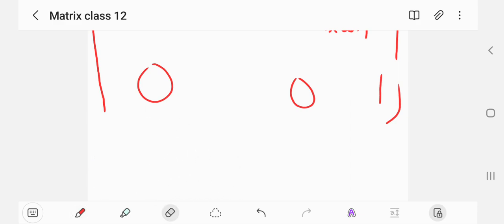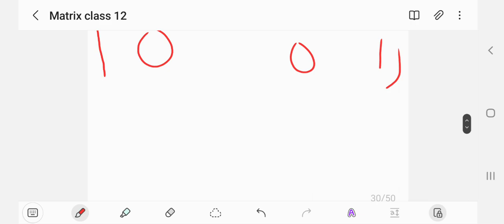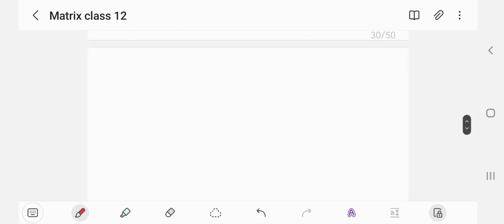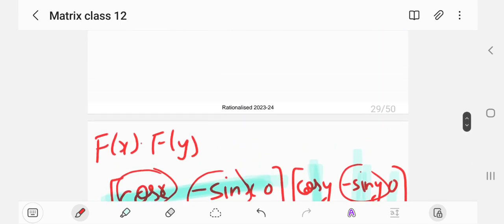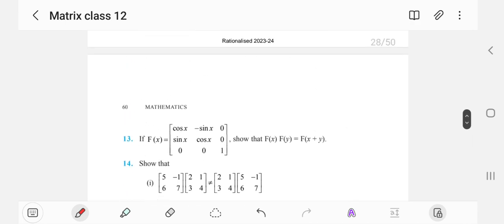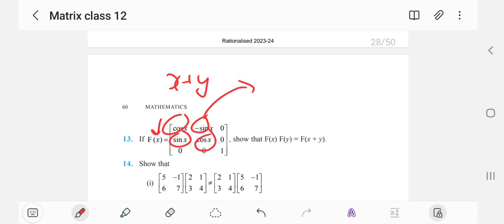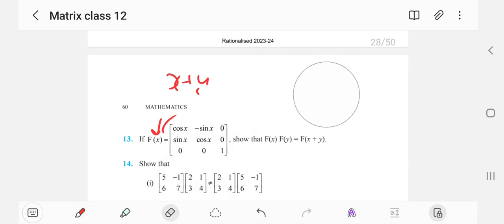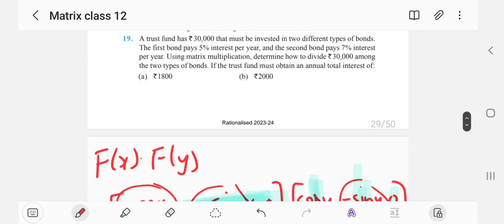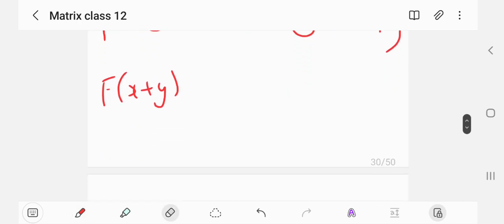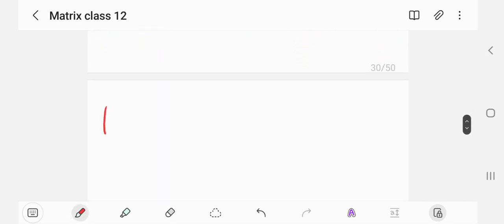Now what do I have to find? I have to find f(x plus y). What is f(x plus y)? It is nothing but simply changing this x with x plus y. So the arguments in all these trigonometric functions will change to x plus y instead of x. Let me write it on the next page.